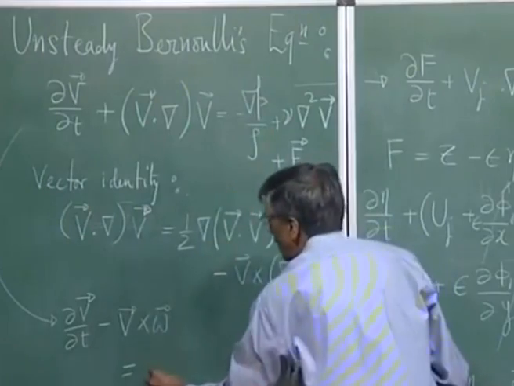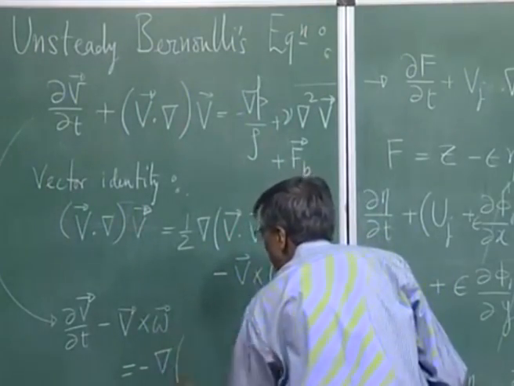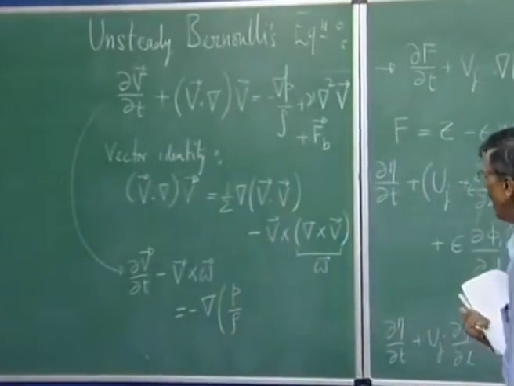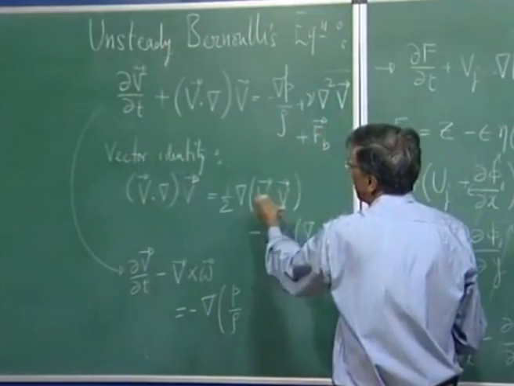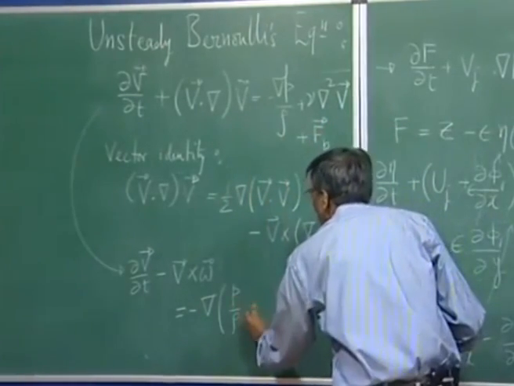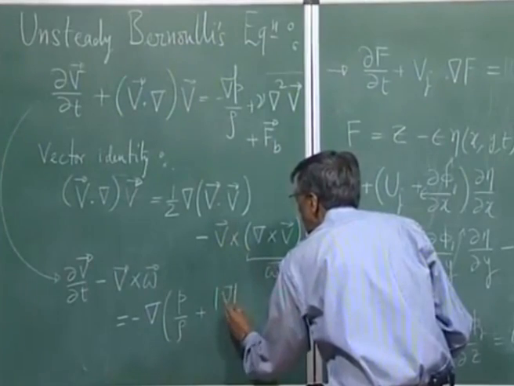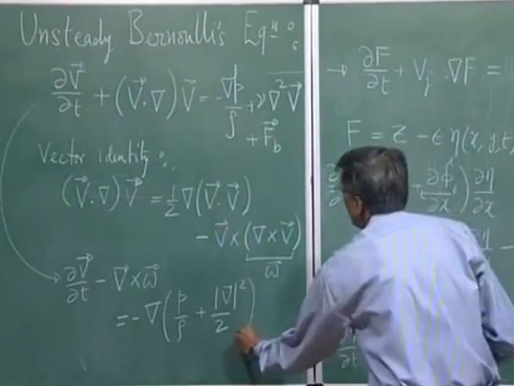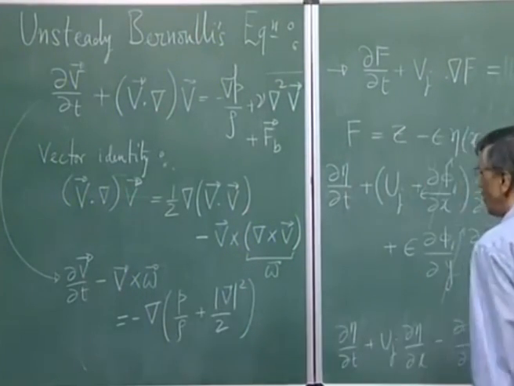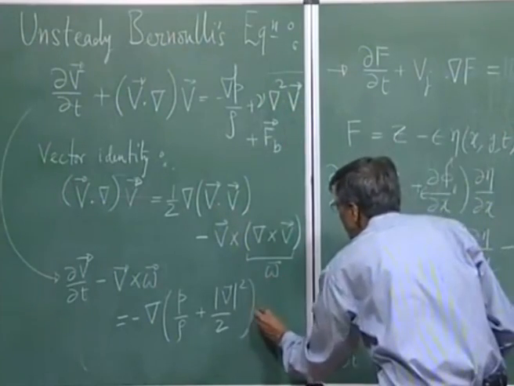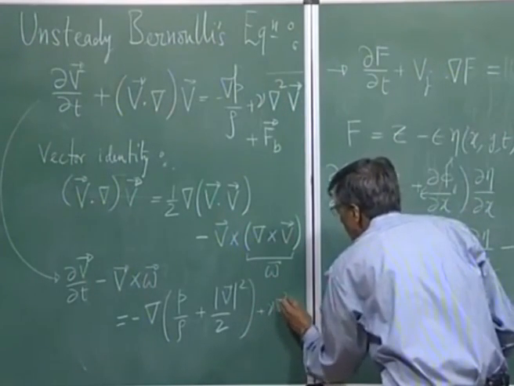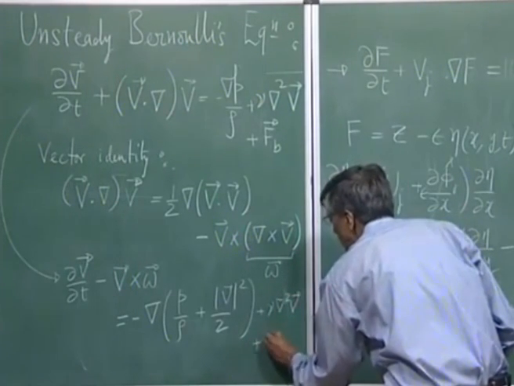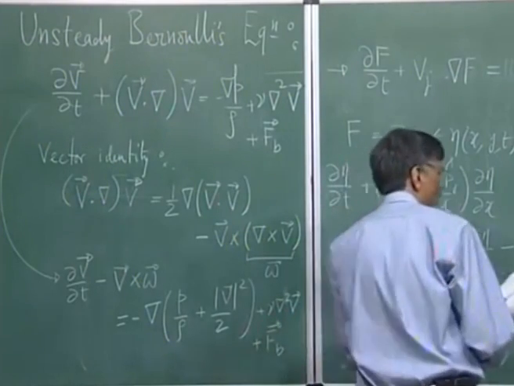I already have a form of this kind, gradient of p by rho, and this term when I have taken it on the right hand side, that also will have a minus sign. So, I will get this, okay, plus what else is there? We have this term nu del square v plus the body force.